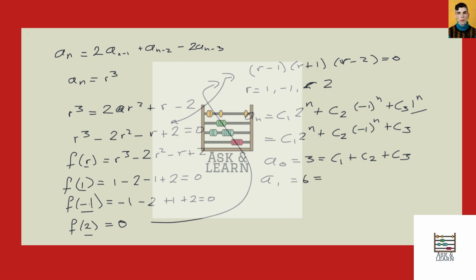So 2 to the 1 gives you 2, so 2c sub 1, minus 1 to the 1 gives you minus 1, so minus c sub 2, plus c sub 3. And finally, we have a sub 2 is equal to 0, sorry. 2 squared gives you 4, so 4c sub 1, minus 1 squared gives you 1, so that's plus c sub 2 plus c sub 3.